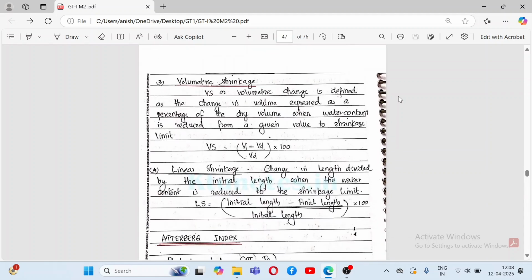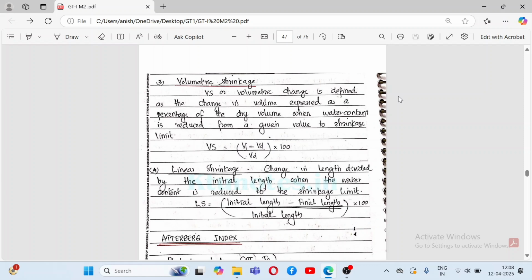Next is volumetric shrinkage, that is given by Vs, that is V1 minus Vd divided by Vd into 100. Okay, the volumetric change is defined as the change in volume expressed as percentage of the dry volume when water content is reduced from a given value to shrinkage limit.